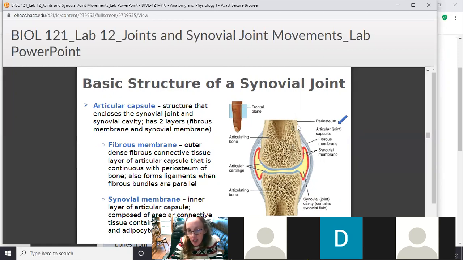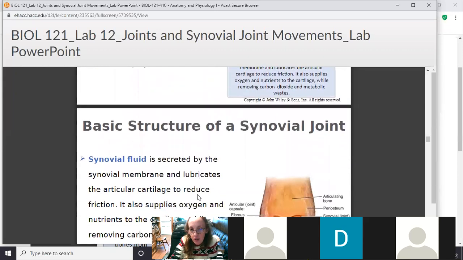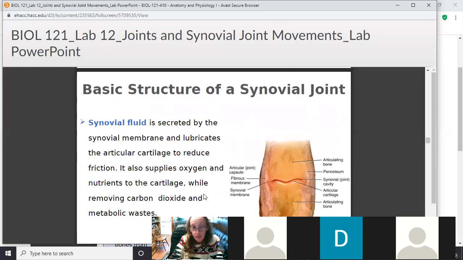This is dense, irregular connective tissue. The synovial membrane is composed of areolar connective tissue. Synovial fluid is secreted by the synovial membrane and lubricates the articular cartilage to reduce friction.